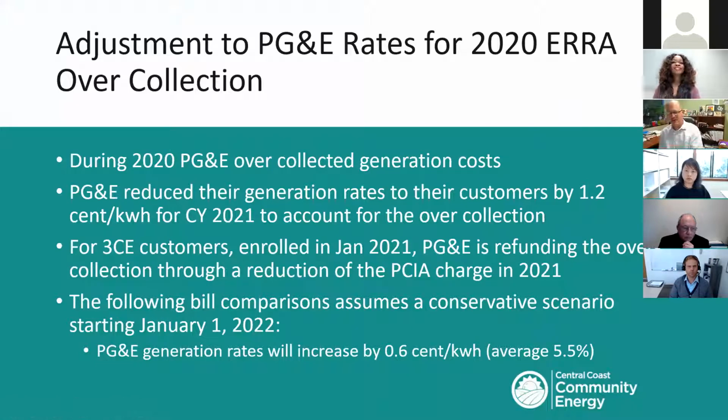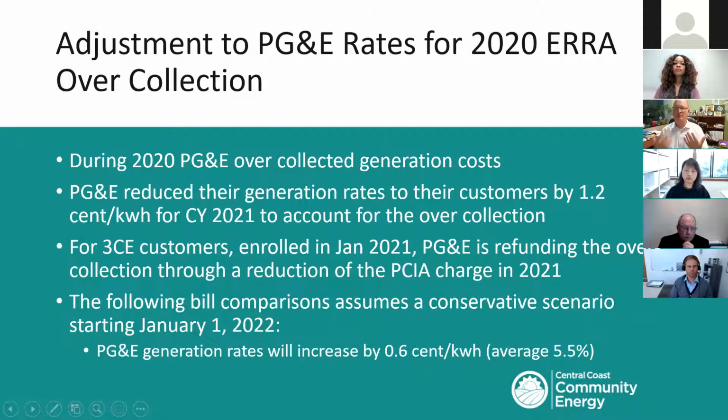All right, I want to talk a little bit about some adjustments that PG&E makes. And PG&E obviously establishes the PCIA that Lena talked about before. And one of the things is that when they came out in 2020, their estimated PCIA rates were over collected.